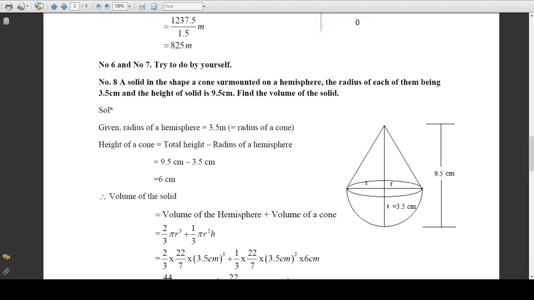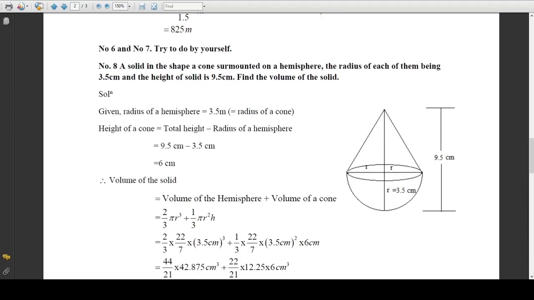Okay, now in the solution for this, the radius of the hemisphere is given to be 3.5, which is equal to the radius of the cone. Height of the cone is the total height minus the radius of the hemisphere, which is 6 meter. Therefore, volume of the solid will be the volume of the hemisphere plus the volume of the cone.